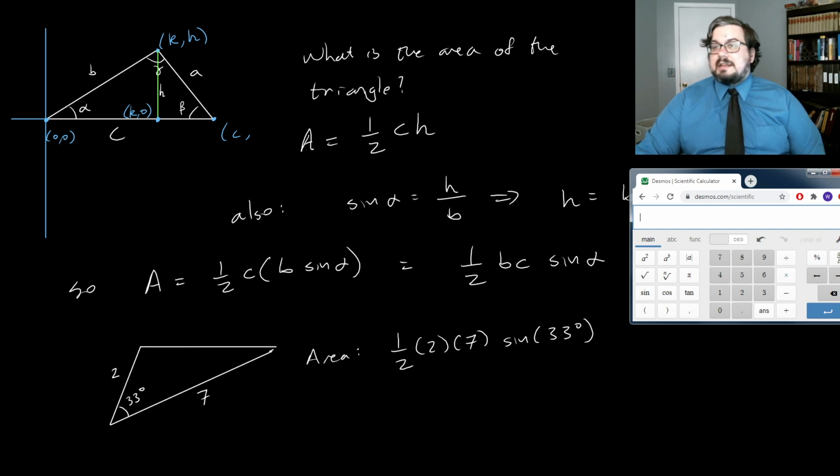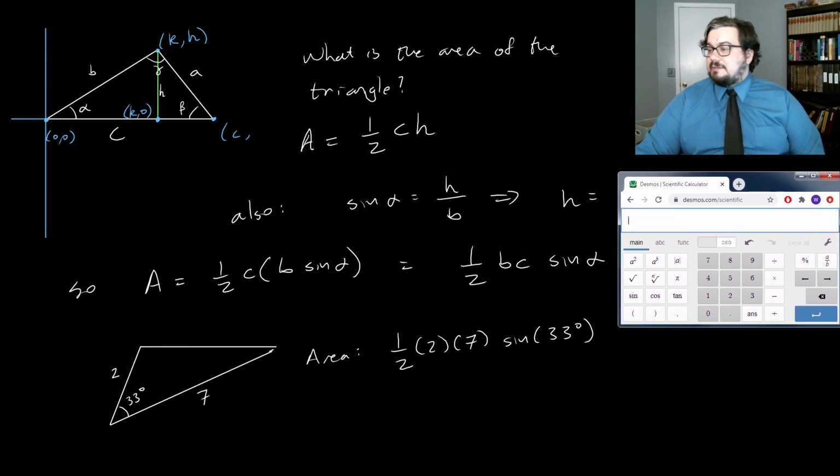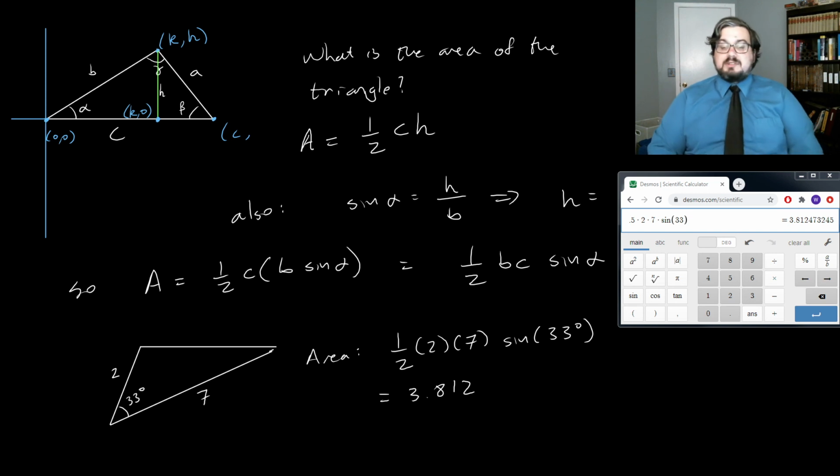So, in this situation, we can quickly figure out that the area is 1/2 times 2 times 7 times sine of 33 degrees. The area of this triangle is 3.812 square units, whatever the units are in the context of this problem.